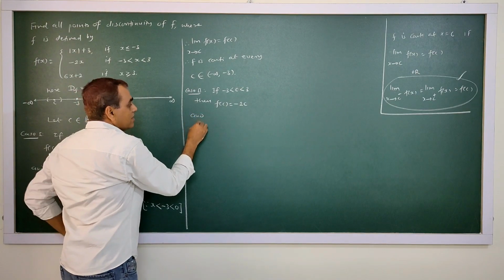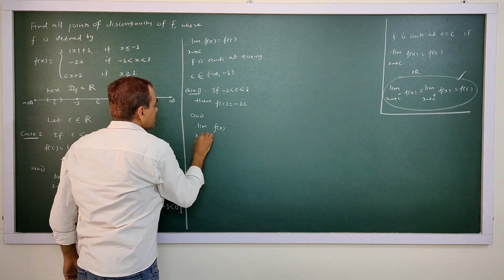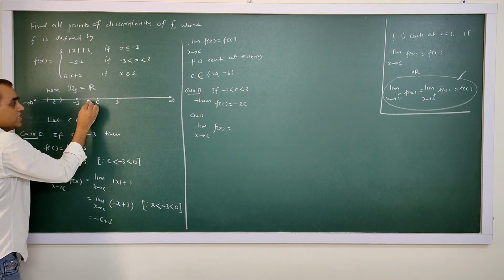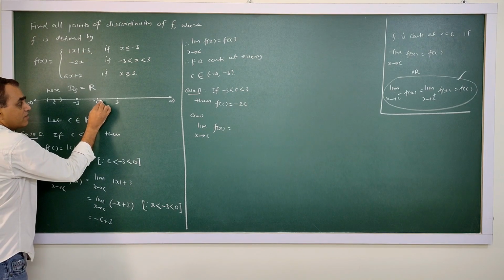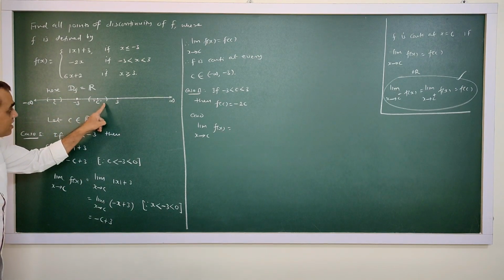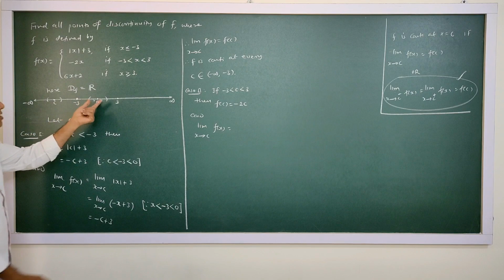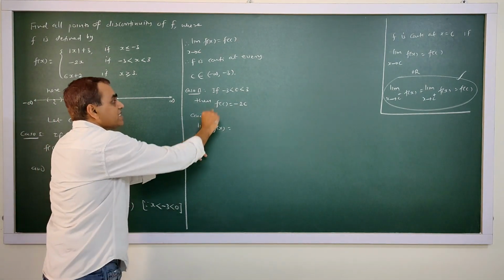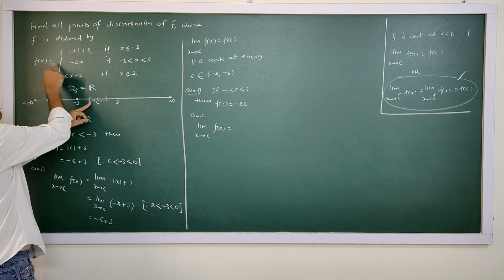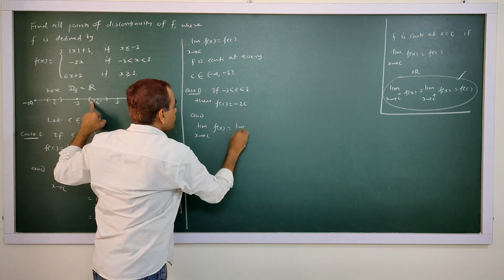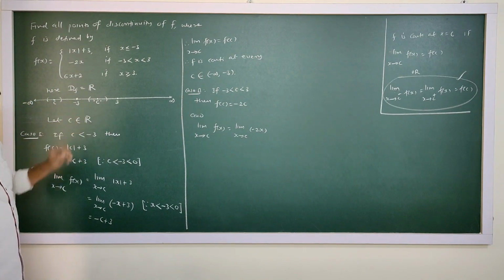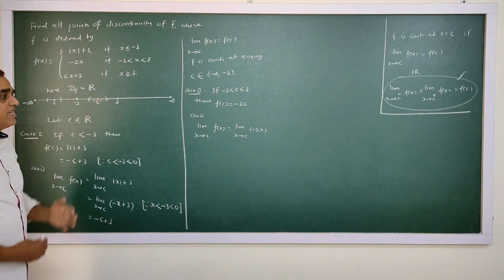And limit of f(x), x tends to c. So when x tends to c, that means x comes from this side or from this side. That means x lies in this interval. So all these values of x will be between minus 3 and 3. So when x tends to c and c is between minus 3 and 3, the value of f(x) will be minus 2x, because all x will be between minus 3 and 3.